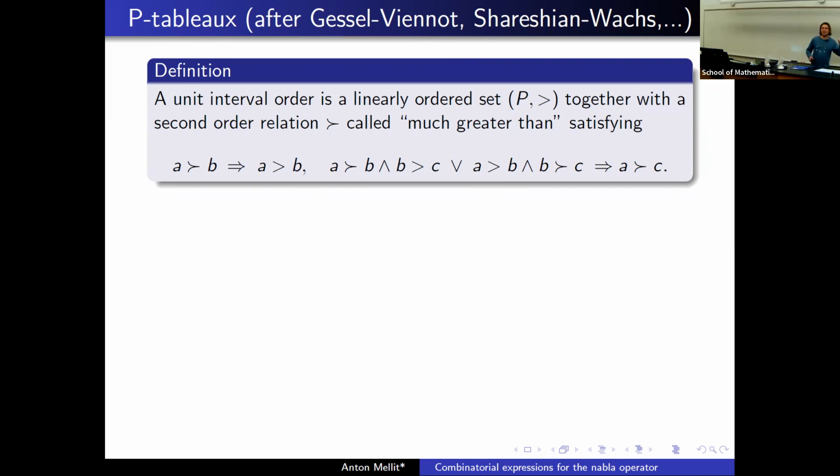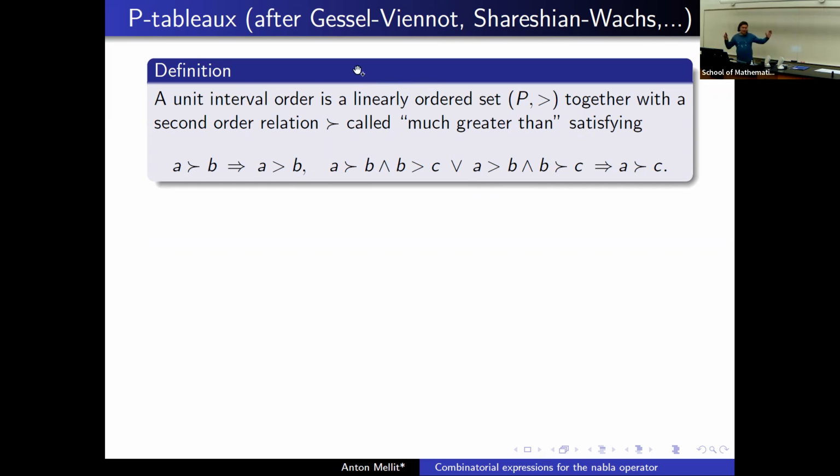There are references to pictures, but no pictures, so you have to ask Christian Krattenthaler to send you another file with pictures. But then Shareshian-Wachs have a paper where they again explain everything relevant.